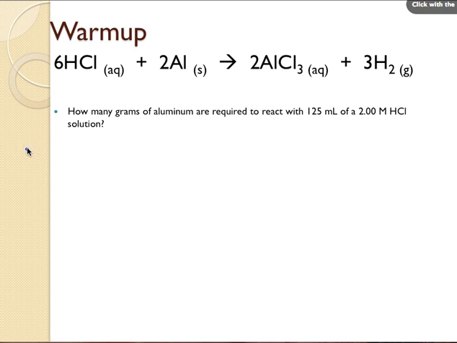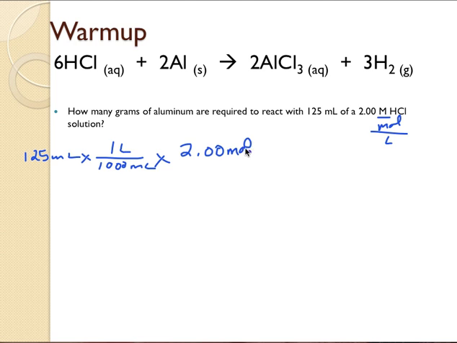Okay. So, how many grams of aluminum are required to react with 125 milliliters of a 2 molar hydrochloric solution? Well, I take my 125 milliliters. I know that this molarity is moles per liter, so I have to convert those milliliters to liters. There's 1,000 milliliters in 1 liter times the 2.00 moles hydrochloric in 1 liter times, for every 6 moles of HCl, I have 2 moles of aluminum.